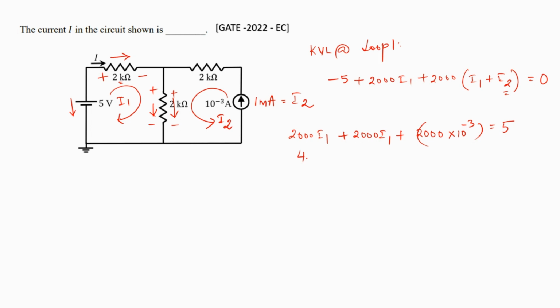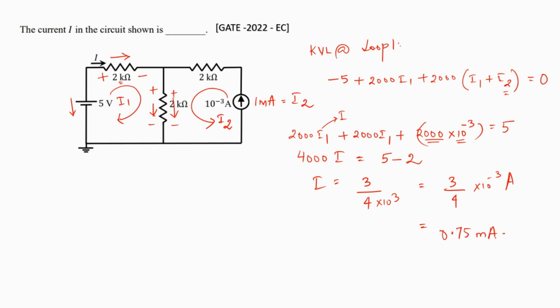So we can write it as 4000, since I1 is nothing but I, 4000 I is equal to 5 minus 2, since the 10 to the power 3 and 10 to the power minus 3 cancel out, and what remains is just 2, which we bring to this side of the equation as minus 2. Therefore, I is 3 divided by 4 into 10 to the power 3, which is 3 by 4 into 10 to the power minus 3 amps, or 0.75 milliamps. In this manner, we can compute the current I flowing through this circuit.